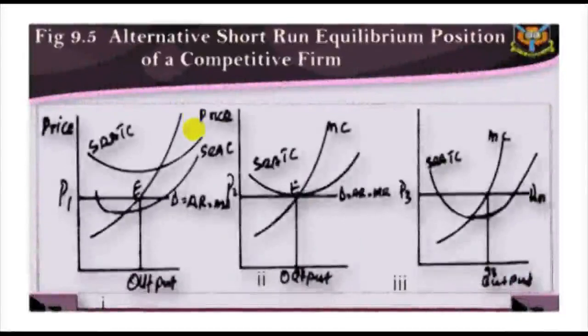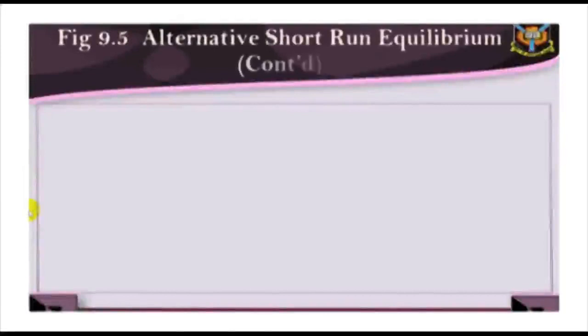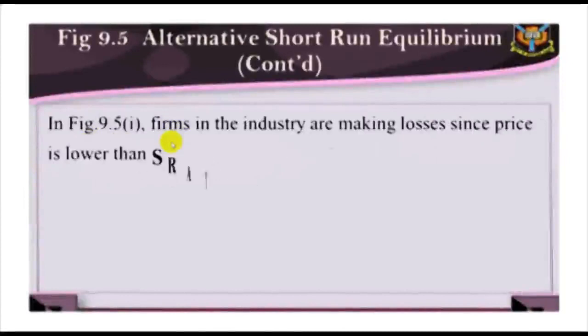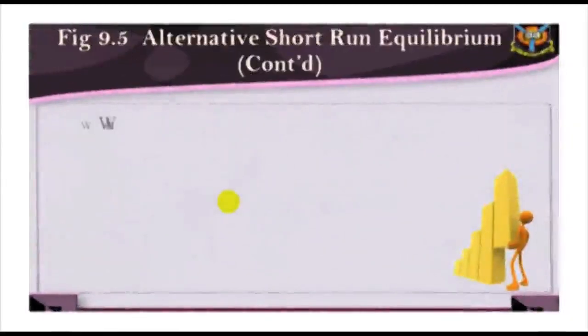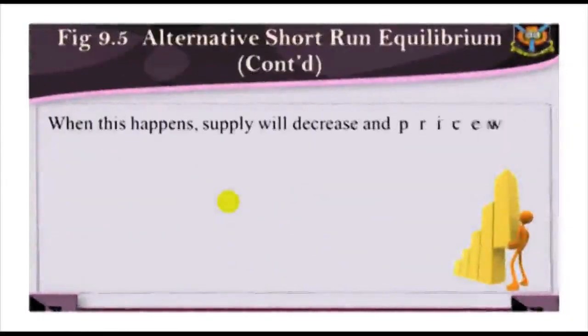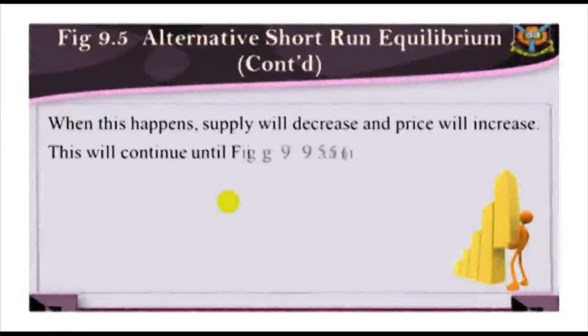These three situations are further illustrated as follows. In figure 9.51, firms in the industry are making losses. Since price is lower than the short-run average total cost, this will force some firms to leave the industry for elsewhere.